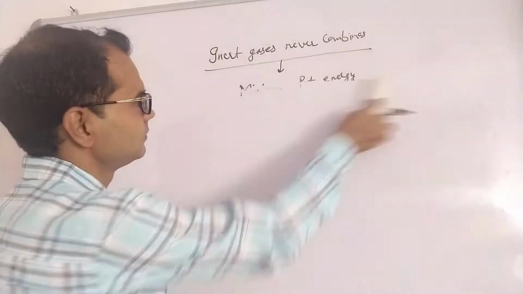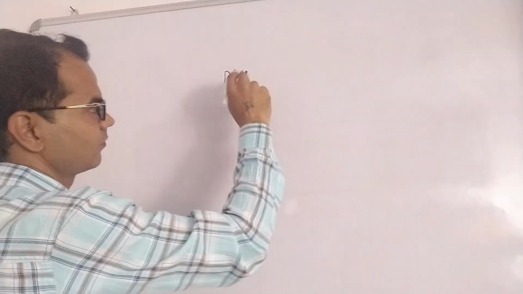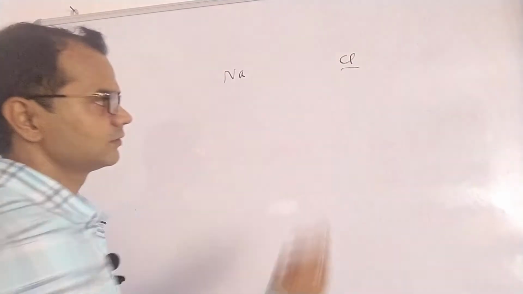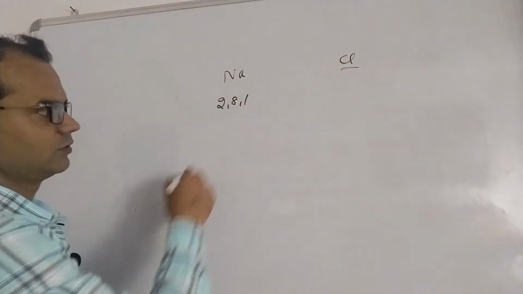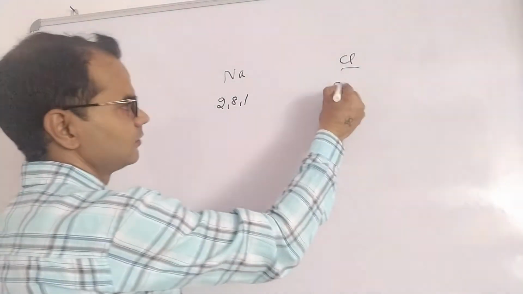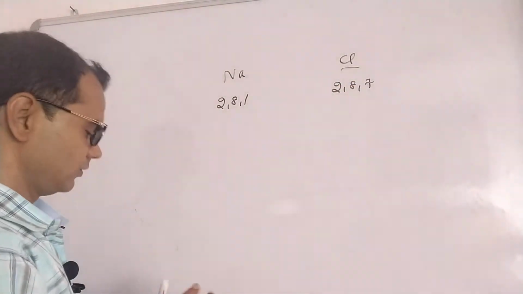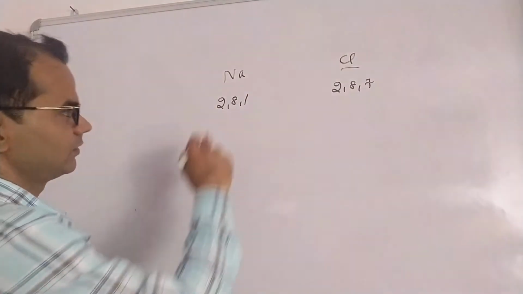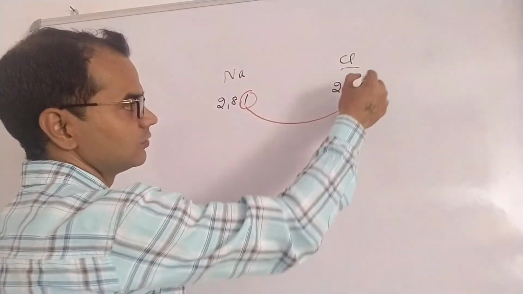Let's see. For example, we have sodium and chlorine. Sodium's atomic number is 11, configuration 2, 8, 1. Chlorine is 2, 8, 7. So this electron from sodium is given to chlorine.